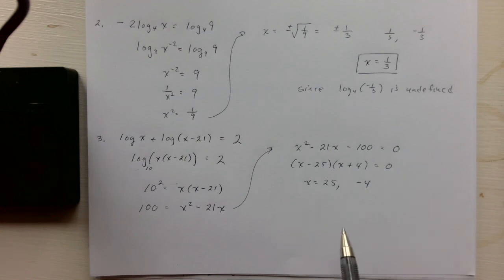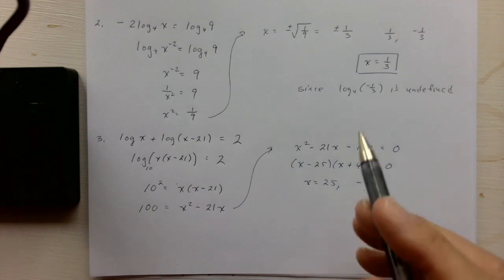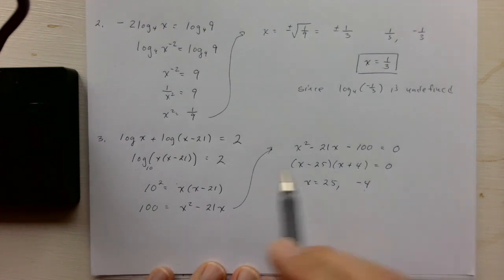But you can see that negative 4 will not work. It's only going to be 25 that works, because if you try to plug negative 4 in here, you get something undefined.